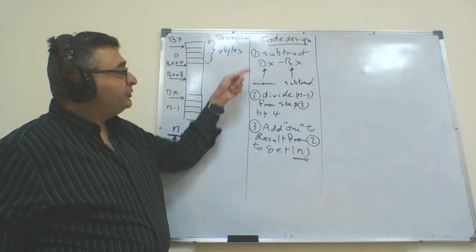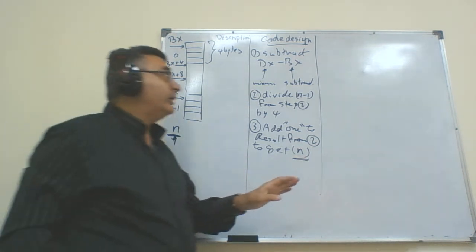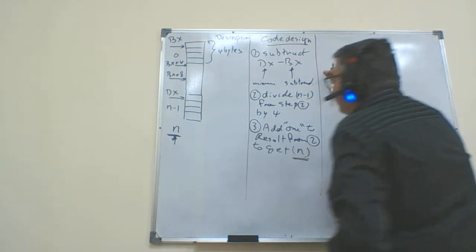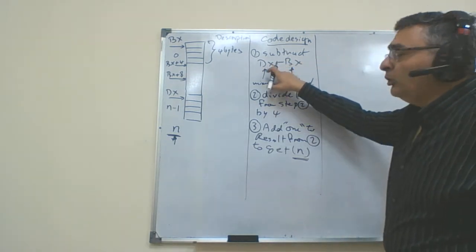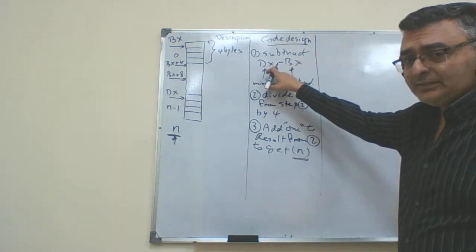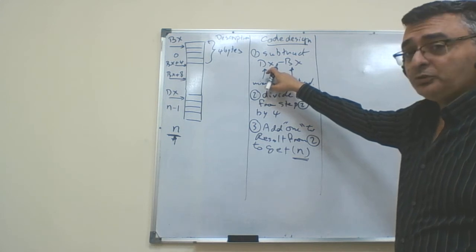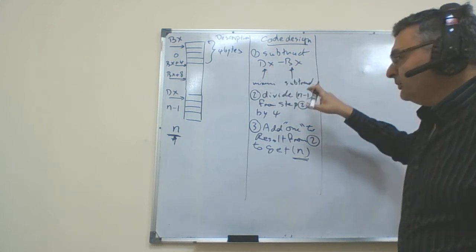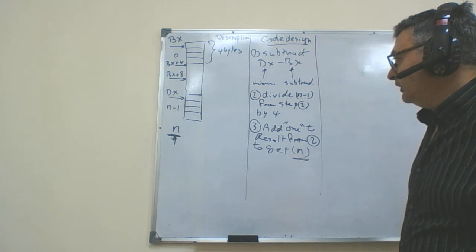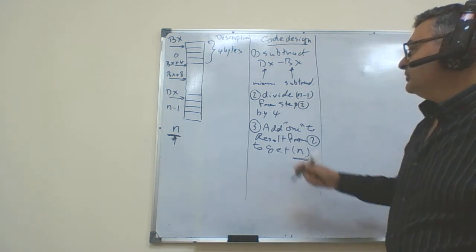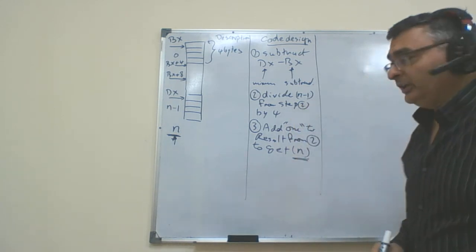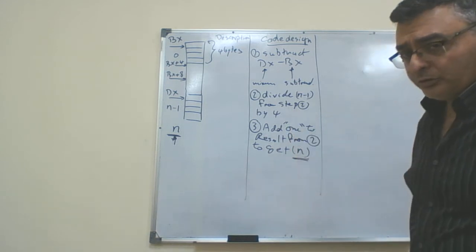Now, how to perform each of those operations? Now I can go to the code, watching that I don't want to overwrite DX. That means DX should be stored somewhere else before I do the subtraction. Second is the division by 4.